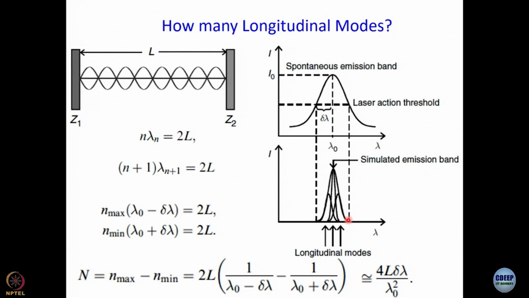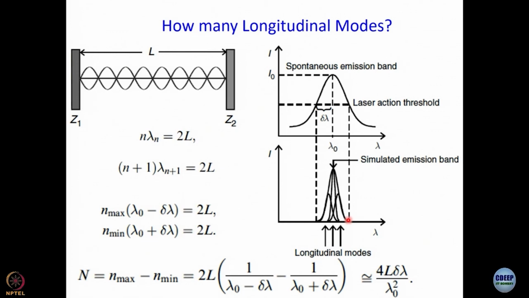Can we work out what the number of modes is under that spectrum? 4 multiplied by L is 4 meter multiplied by delta lambda is 100 into 10 to the power minus 9 meter divided by, what is the denominator? 800 nanometer square.